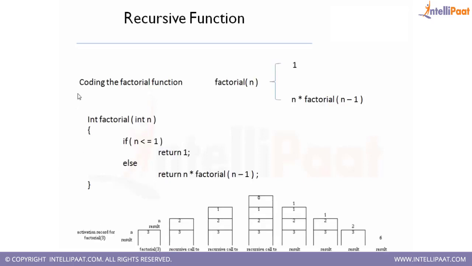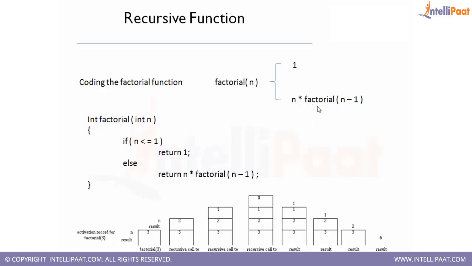So let's take one more problem, coding the factorial function. Here we'll take a similar approach to the previous example. Let's solve a smaller problem for factorial n. As you know, factorial n can be solved by n into factorial of n minus 1.